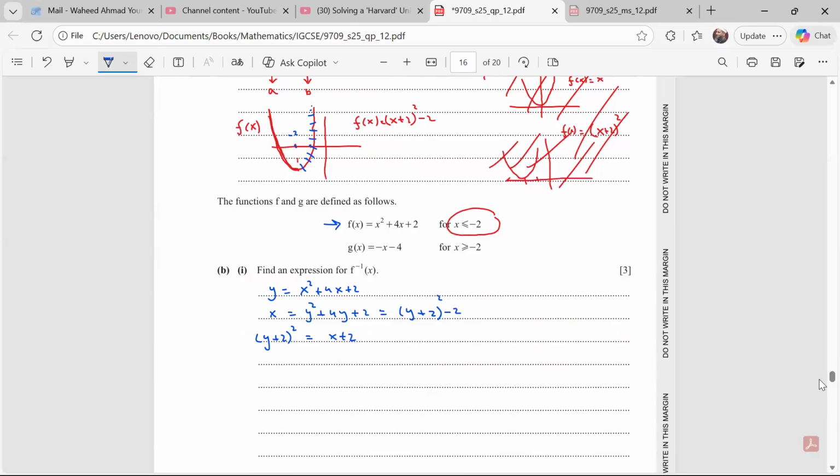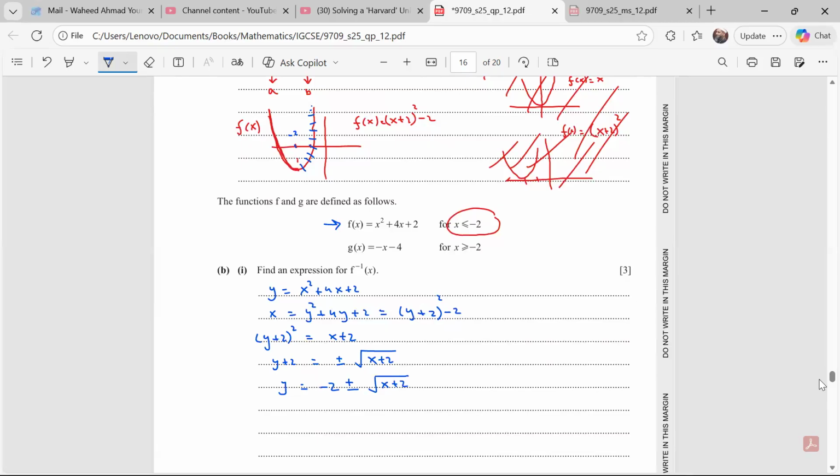If I take the minus 2 to the other side, it's like this. And y plus 2 would be plus or minus the square root of x plus 2. And y is equal to minus 2 plus or minus the square root of x plus 2, right?